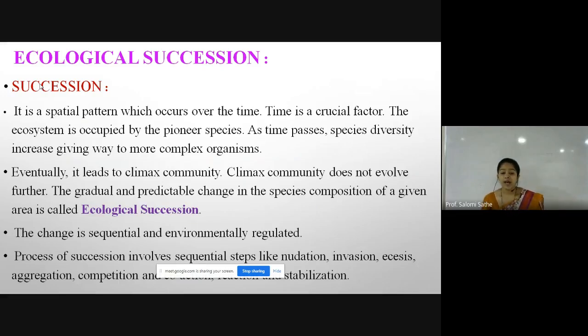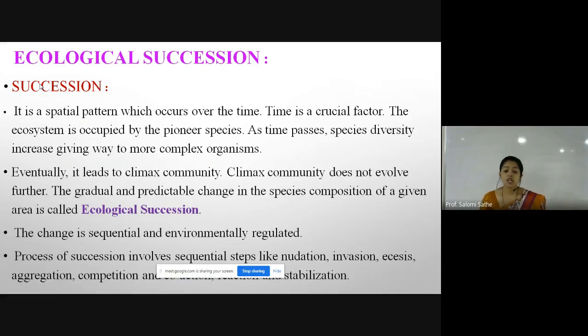The gradual and predictable changes in the species composition of a given area is called ecological succession. I hope you understood what is ecological succession. The climax community is the last evolved group, from where no further development takes place.